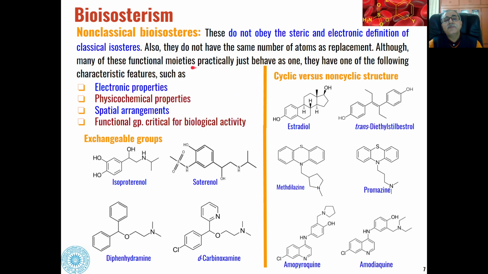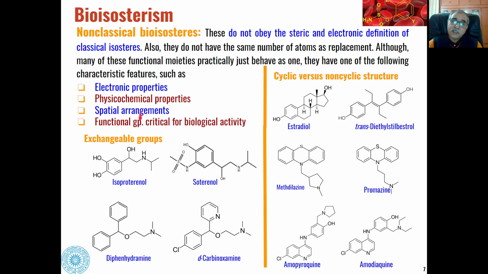Although many of these functional moieties practically behave as one, they have one of the following characteristics: their electronic properties may be the same, their physicochemical properties may be the same, their spatial arrangements may be the same, and the functional group which is critical for the biological activity may be the same.